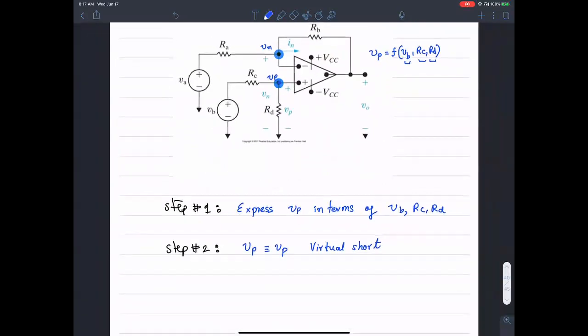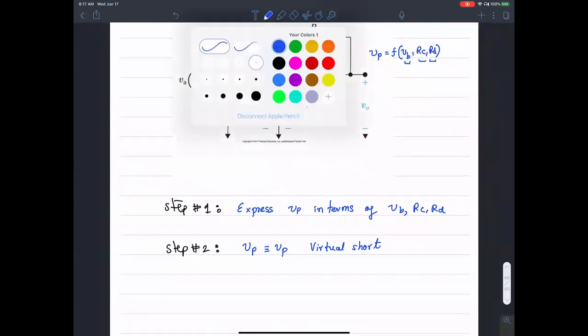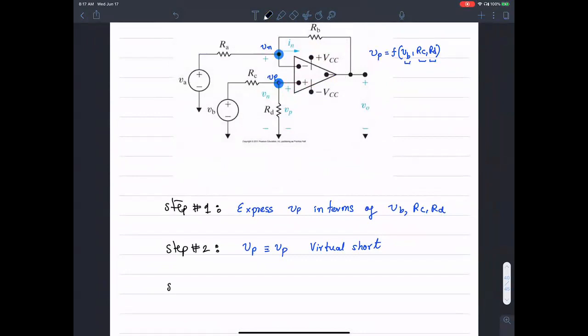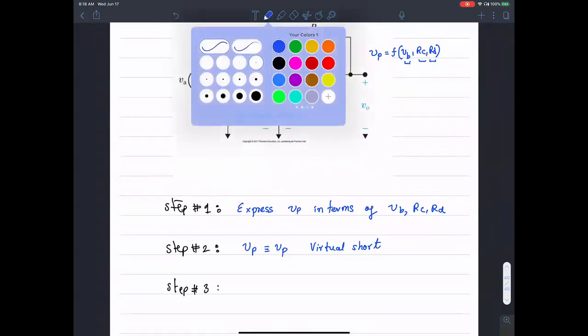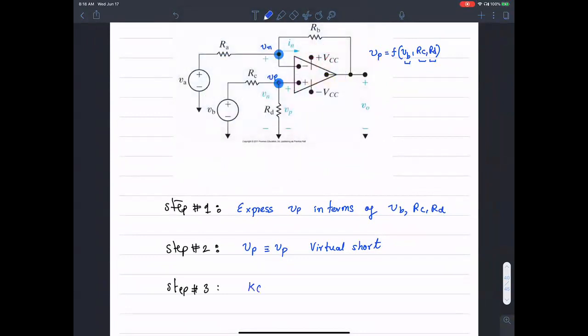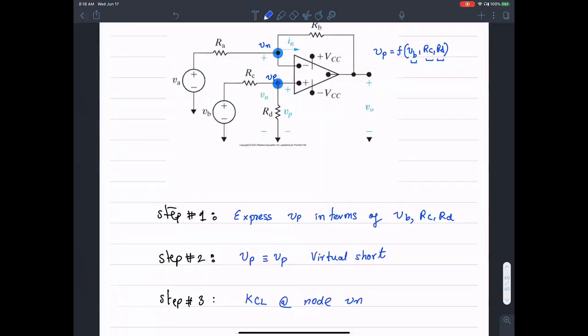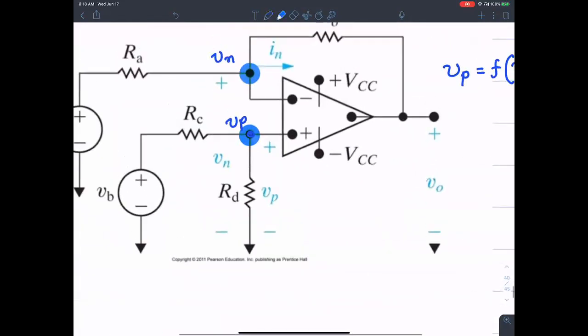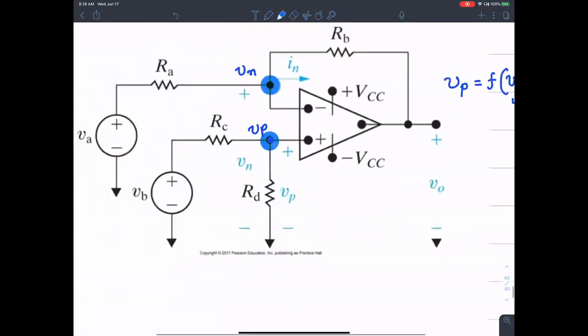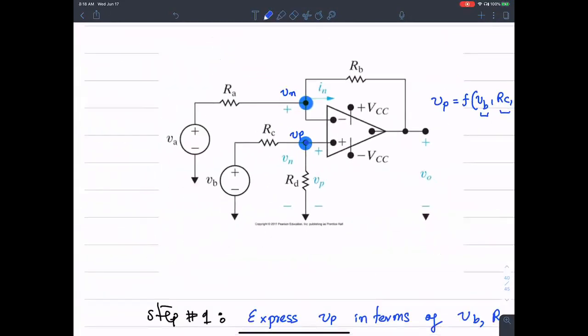The next step then would be to apply KCL at node Vn, at that node right there. Once we apply KCL at that node, we will look to add the currents.